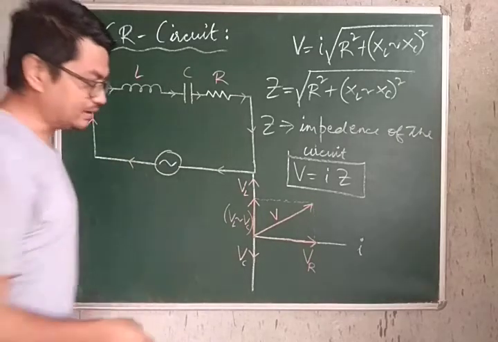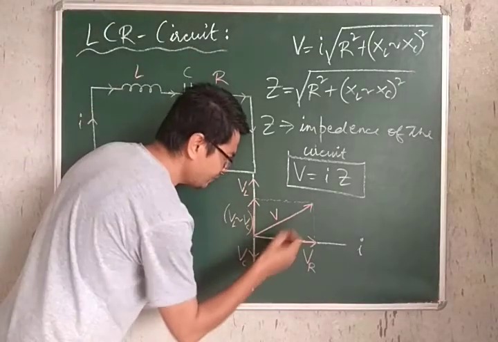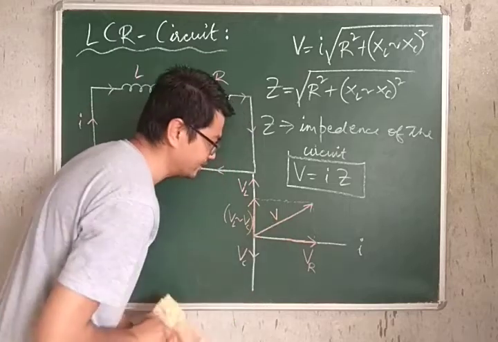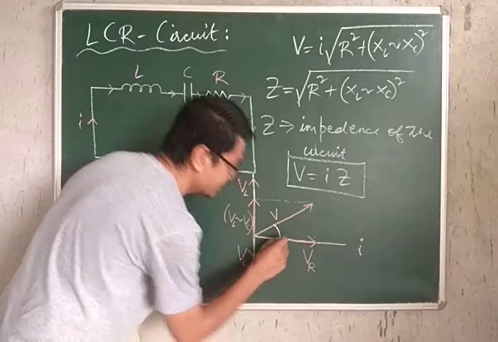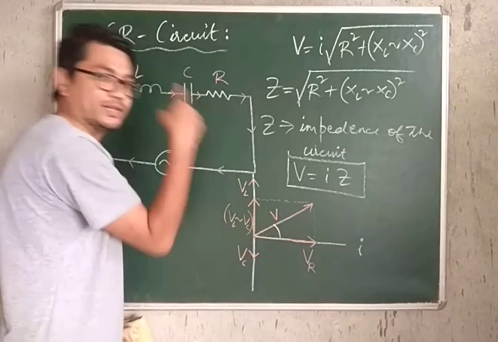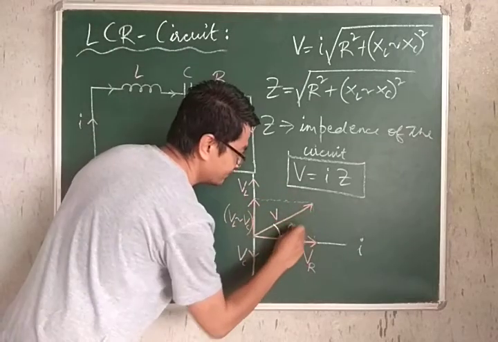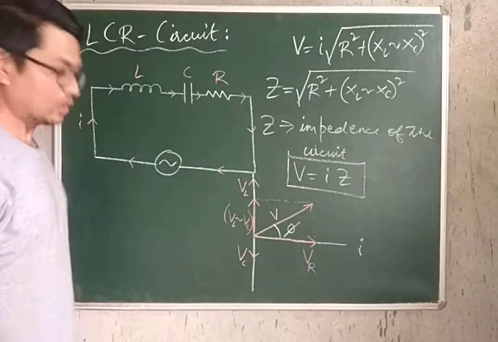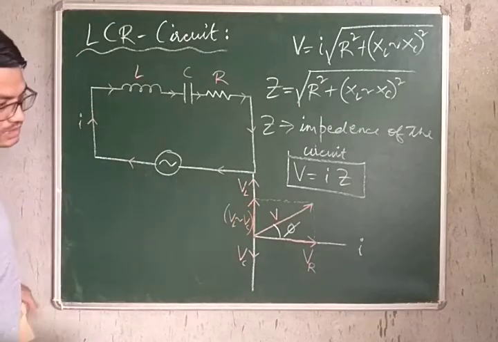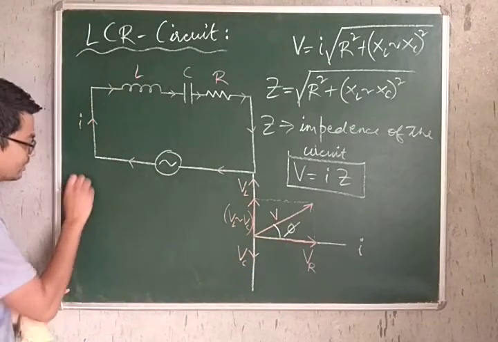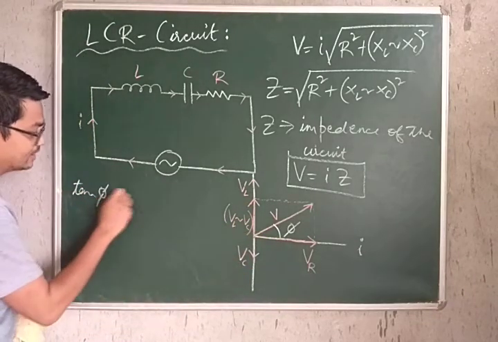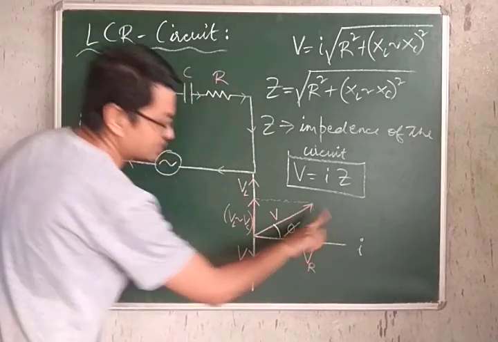Now, we also see, if for example this angle is phi, the angle between the effective potential in the LCR circuit and the current is phi. So from this phasor diagram, we can write tan of phi is equal to perpendicular by base.